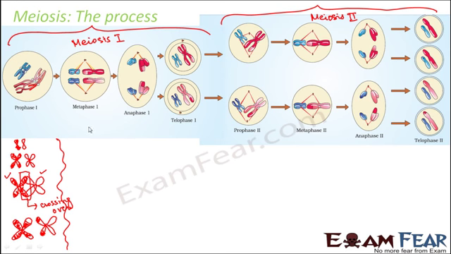Now what happens in the next stage, that is the metaphase. In metaphase, microtubules start to form. Here you can see a network being formed, which is called the spindle fiber network. These microtubules gradually form the spindle network, and as a result, all the homologous chromosomes are aligned at the equatorial plate. Now how do they align at the equatorial plate?